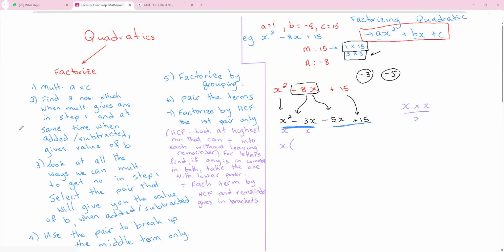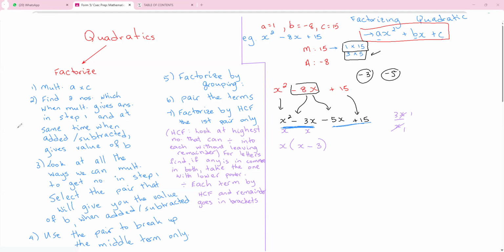So the remainder, when I divide it into x squared, I'll be left with x, minus 3x divided by x. x will cancel with x, so it'll just be 3. Right? So the remainder goes inside of the bracket.